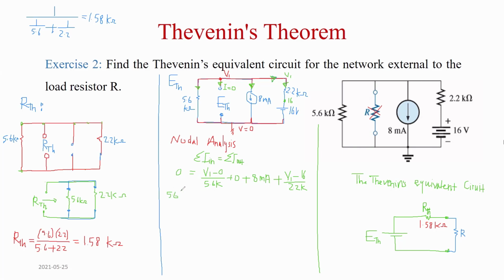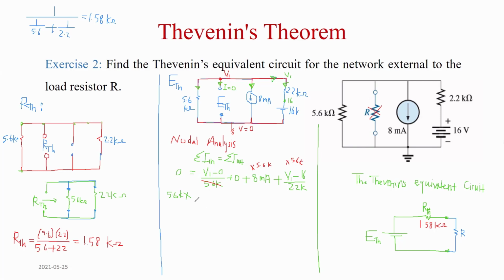We're multiplying it by everything. You can do any technique. So when we multiply by 5.6k, this cancels out. This will be multiplied by 5.6k, means times 10 to the power 3. And this is going to be multiplied by 5.6k.